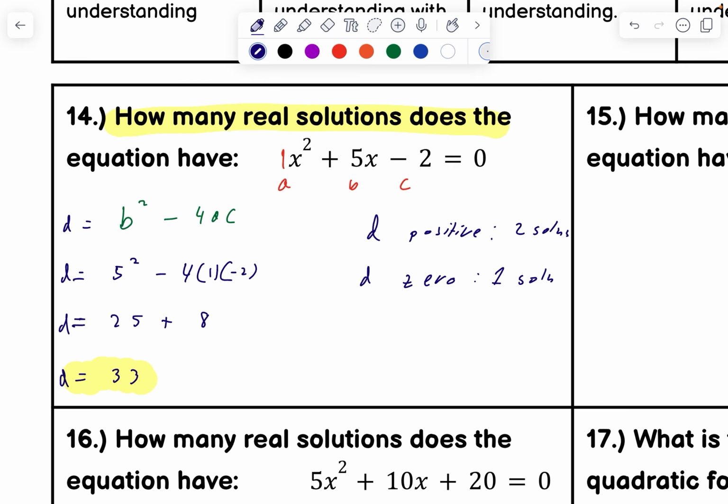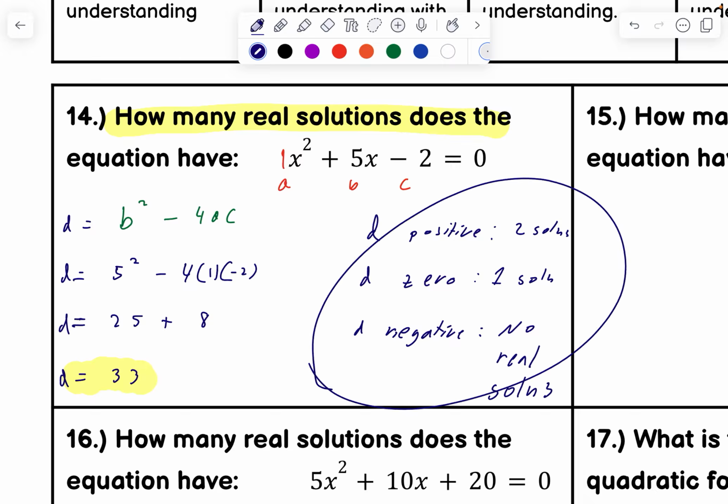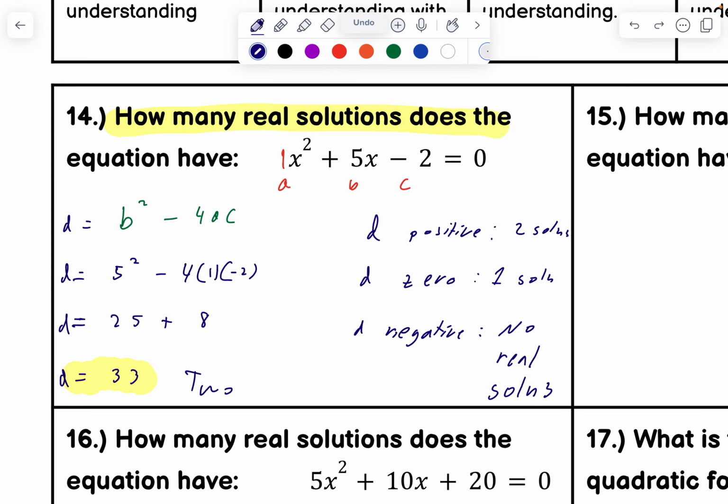And if your discriminant is negative, then you would end up with no real solutions. I have a feeling we're going to be looking at this a couple times in the next couple problems, but given our situation now, we have a positive, so we're going to end up with 2 real solutions.